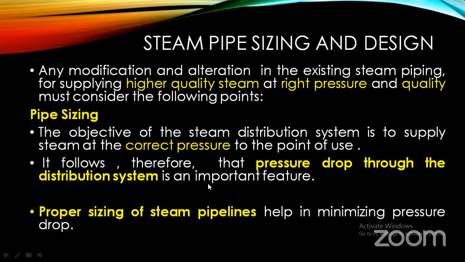Pipe sizing is very important to deliver the steam at the correct pressure. Pressure drop through the distribution system is a very important feature because it is the driving force for the flow from the front user, that is the boiler, to the turbine. So proper sizing is important in minimizing the pressure drop.